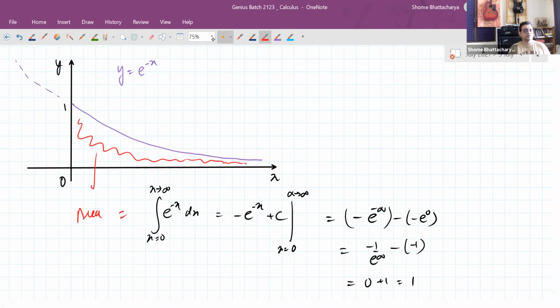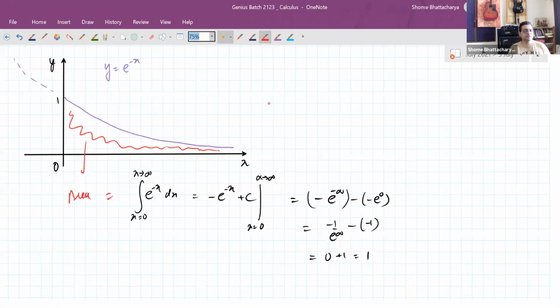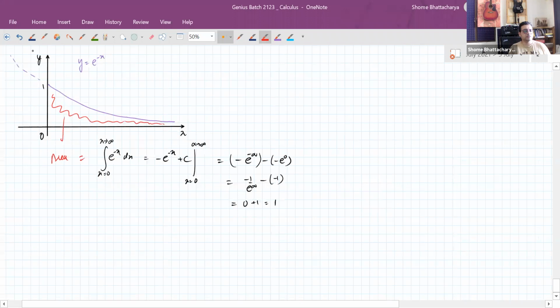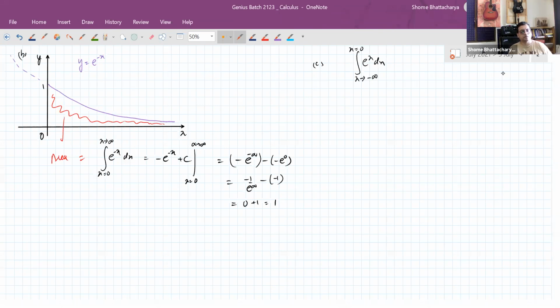So this area is this. And if you compare this with the other one that we discussed, this was the B part. We discussed the C part, extending to minus infinity to x equal to 0.